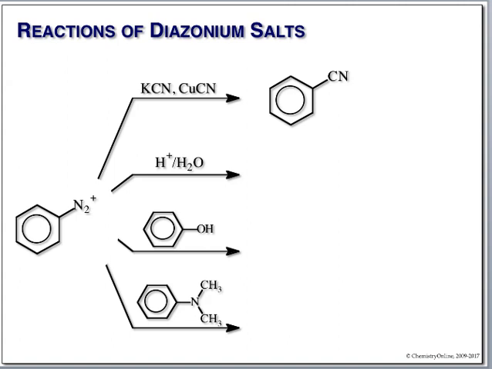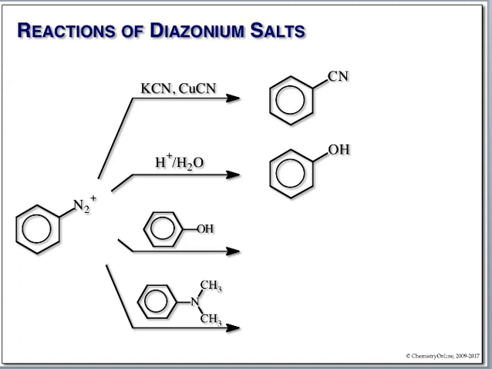Now, water and acid. We know that in order to go to benzene we needed hypophosphorous acid. But if you just boil it up in acidic solution by itself, you go to phenol. Nice way to convert something with a nitrogen here into a phenol.